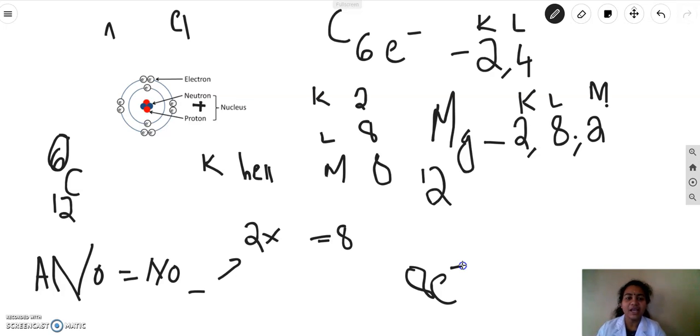In order to attain stability, for example a carbon atom can either share 4 electrons, or it can donate or transfer electrons. There are so many methods. If we subtract the number of valence electrons from 8, we can calculate the valency.